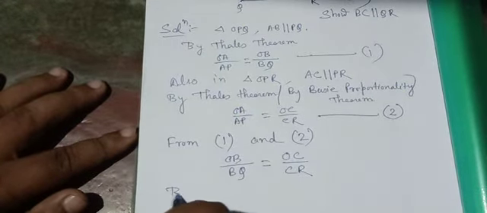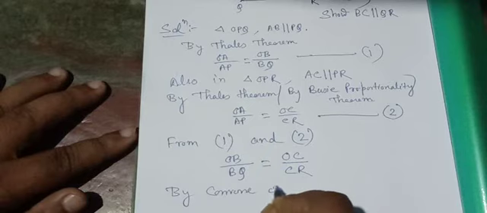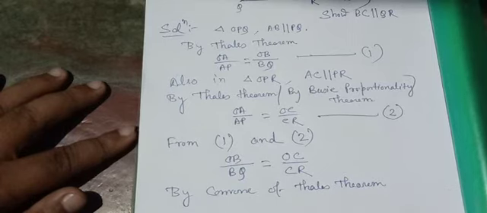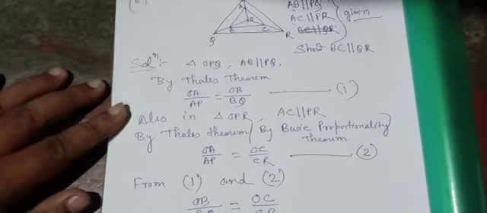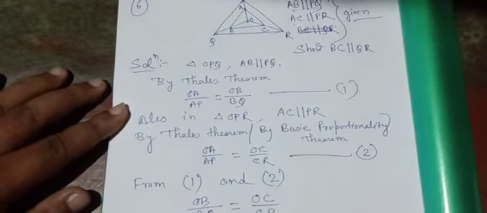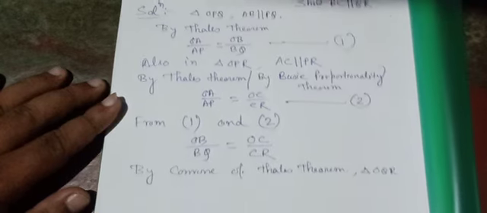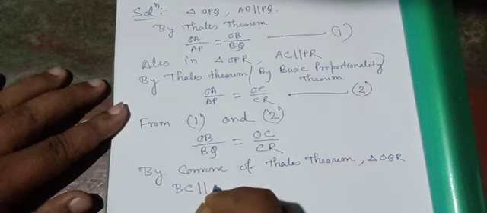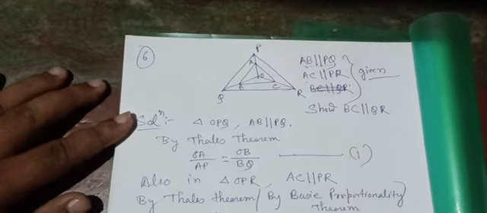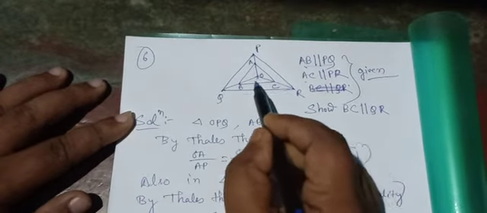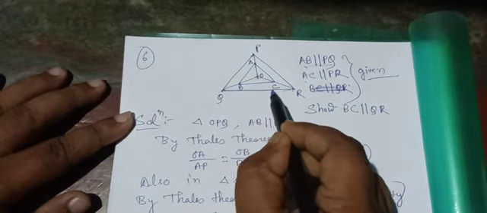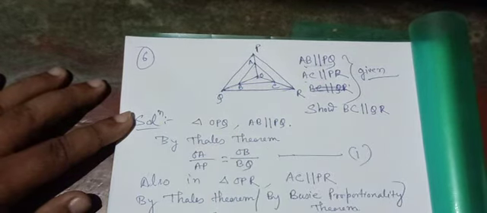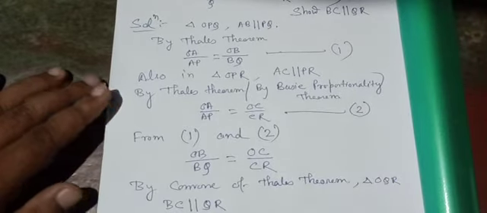Now by the converse of Thales theorem, in triangle OQR, we can say that BC is parallel to QR, since this ratio is equal to this ratio. Okay, so that's it for today's class, students.